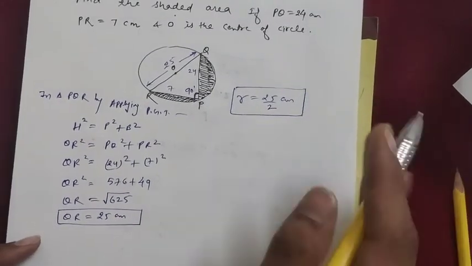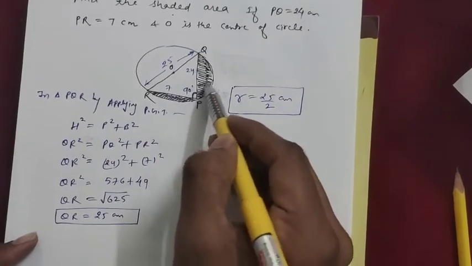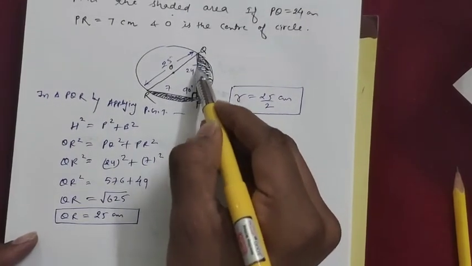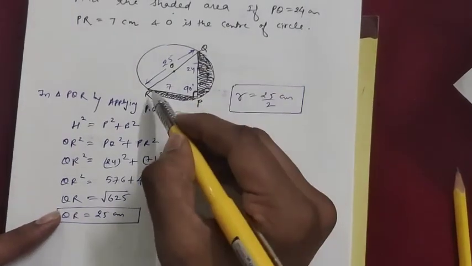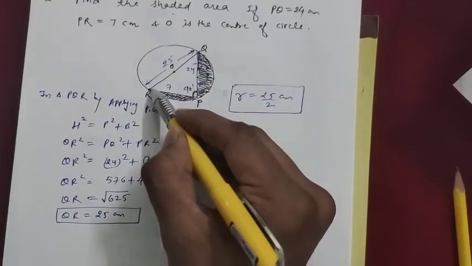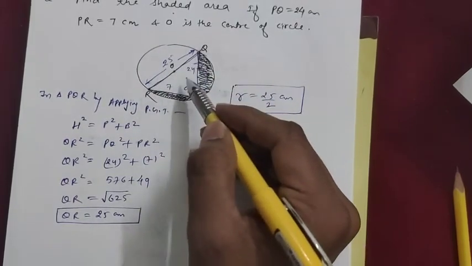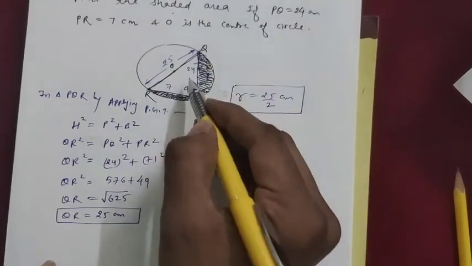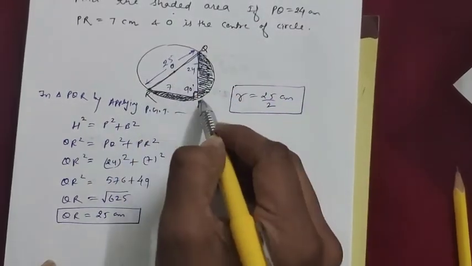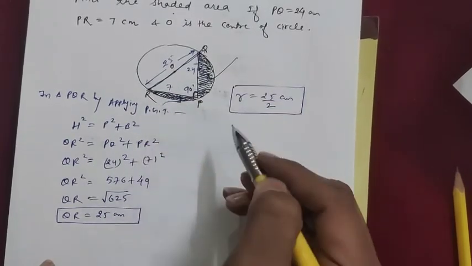So now we need to find this shaded area. As you can see in the question, this is the shaded area. If you observe carefully, we can see that this is a semicircle. A diameter actually divides the whole circle into two semicircles. So this part is what? Semicircle. And if we subtract this triangle PQR from the semicircle, we will get the required shaded area.